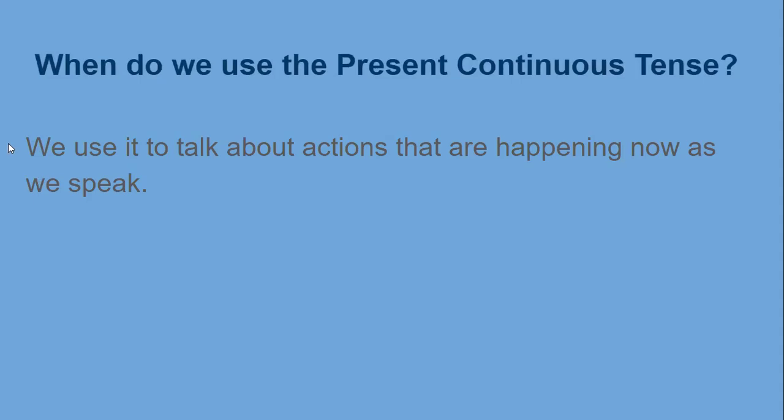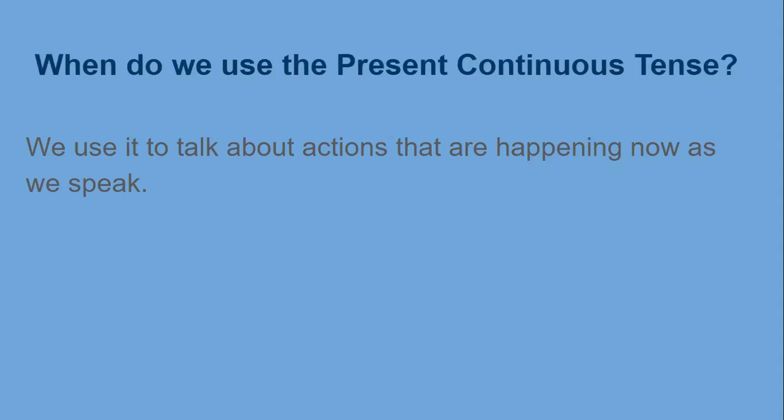So, we use it to talk about actions that are happening now as we speak. Right? So this is just basically the shortest way to explain the present continuous tense as to when do we use it. We use it to talk about actions that are happening now as we speak.